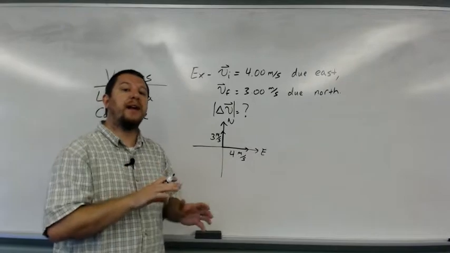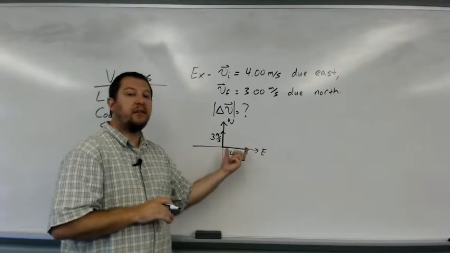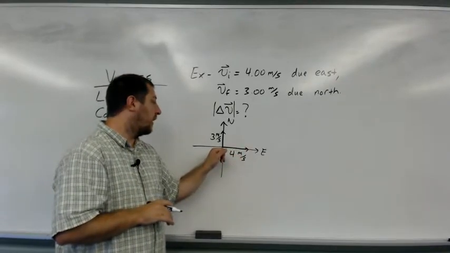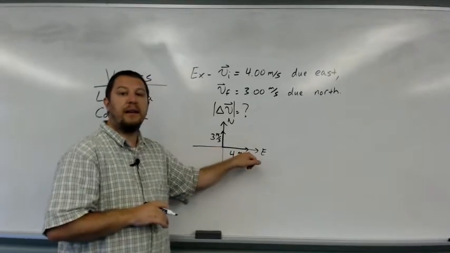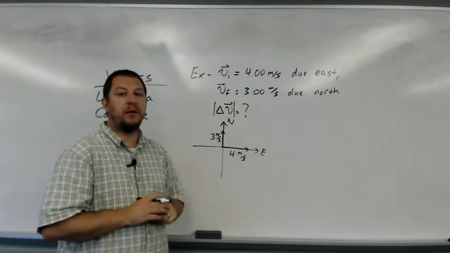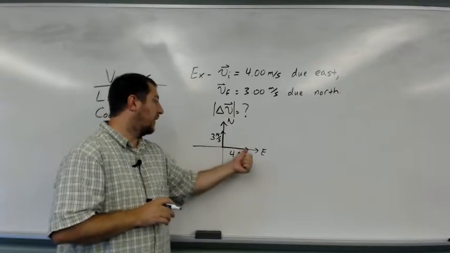And one thing I haven't mentioned yet, when we're representing vectors with arrows, the point of origin of the vector is called the tail, and the point at the other end is called the tip, right? So the tail and the tip.